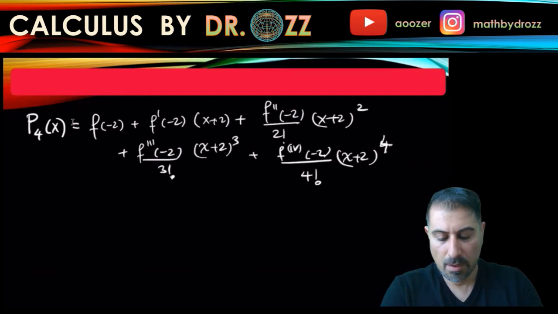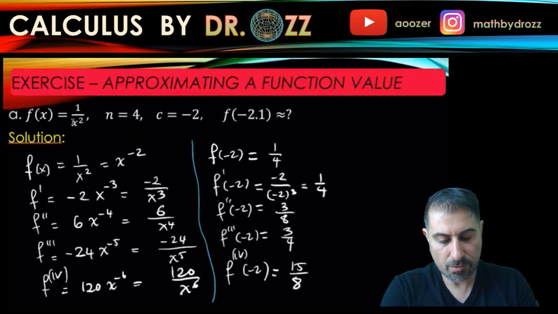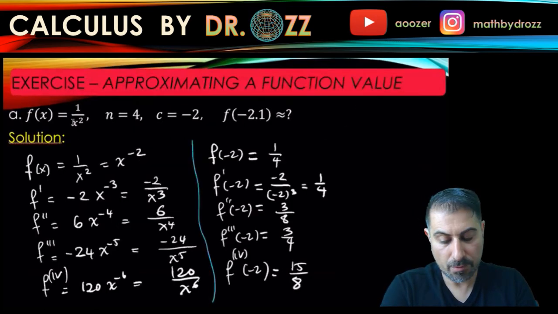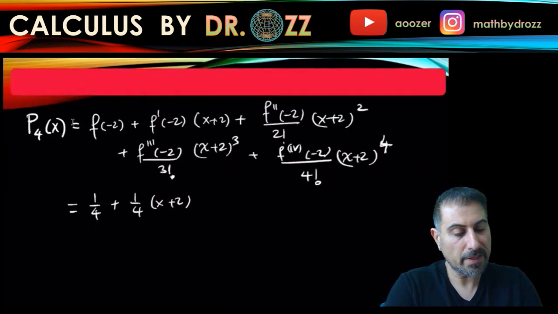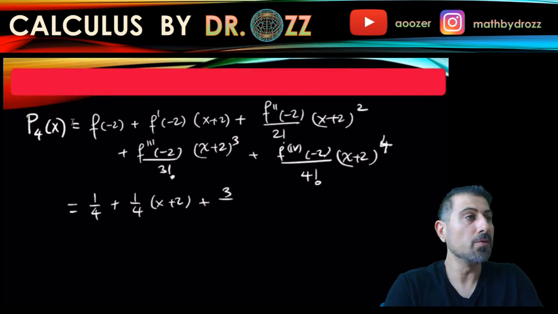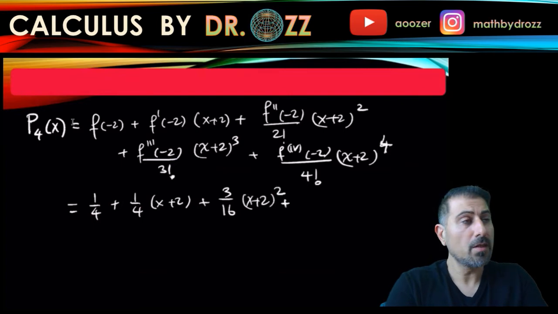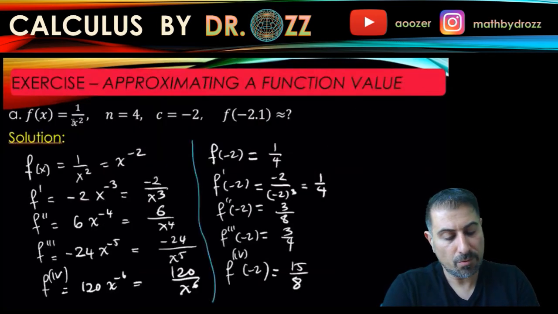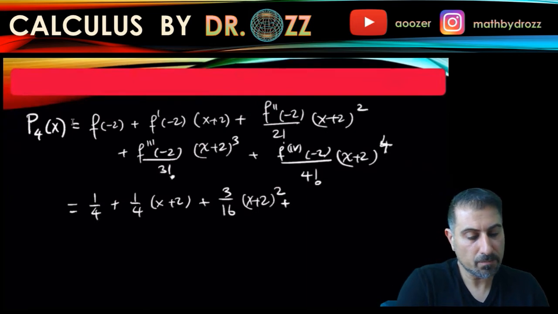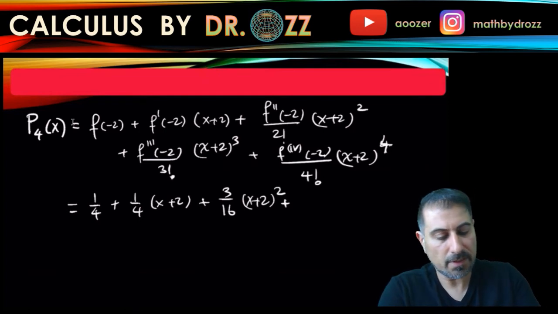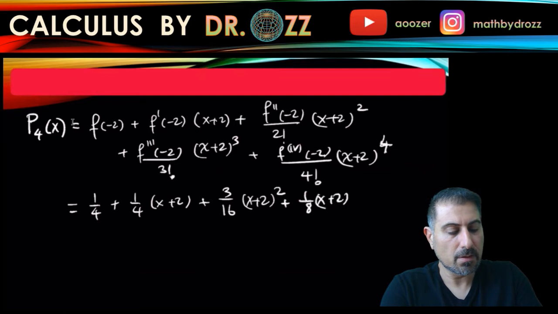All right, so let's plug in those values. So 1/4 plus another 1/4 (x plus 2), 3/8. 3/8 divided by 2 factorial is 3/16, (x plus 2) squared, and then 3/4 divided by 3 factorial. 3 factorial is 6, so it's, I think, 1/8 after you simplify it, (x plus 2) cubed.